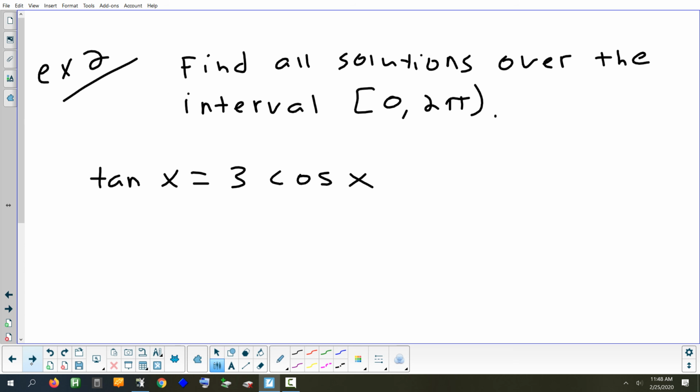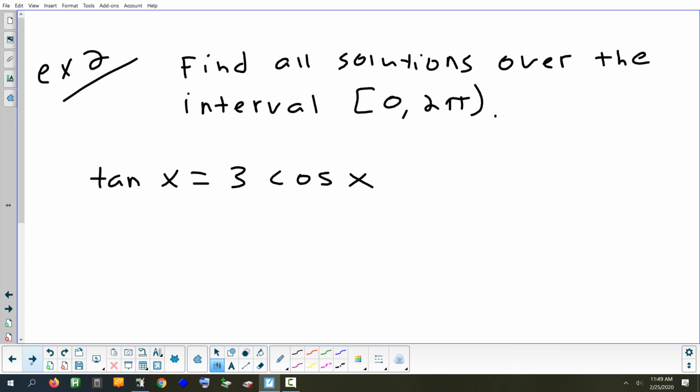For this one, I'm going to have to give you a little bit of a hint. It's a little different, but once you do this hint, then it's the same. What trig functions have we been dealing with in every problem so far? Sine and cosine. So let's change everything here to sines and cosines.